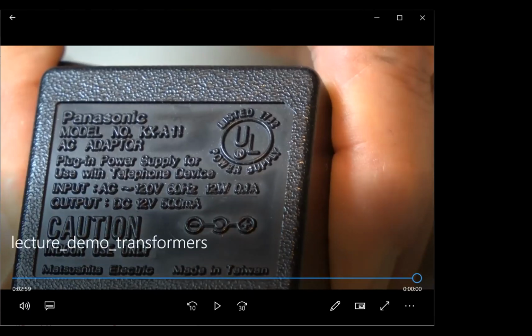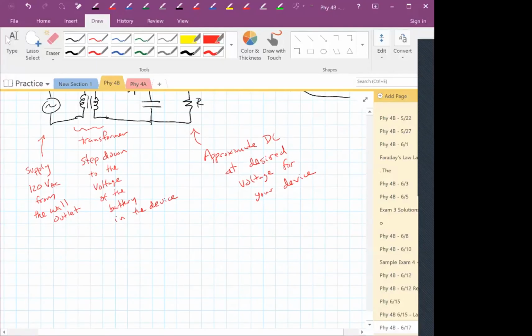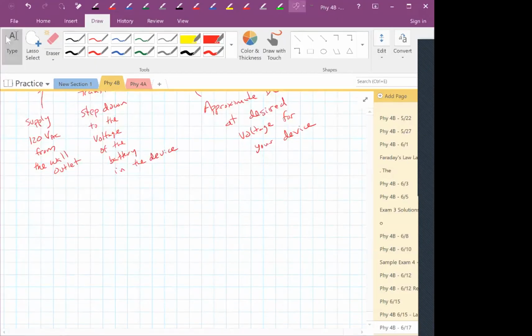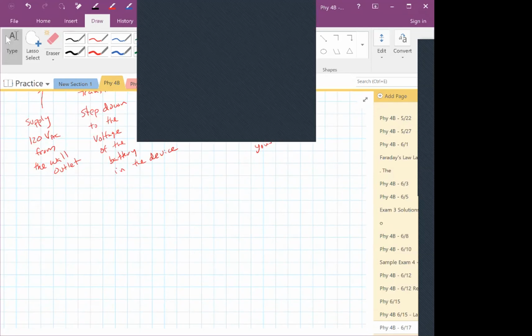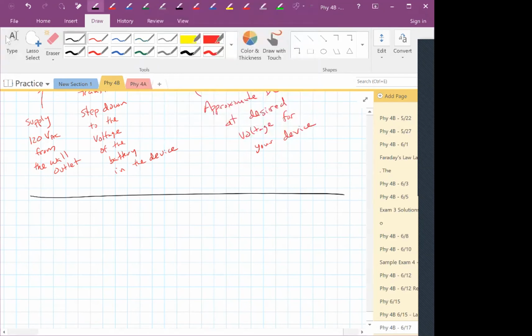Let's take a look. Why 4 diodes? Because 4 diodes are better.